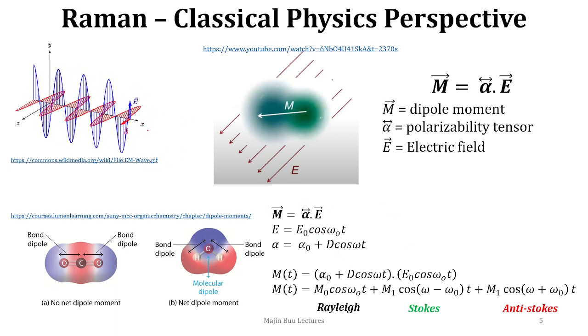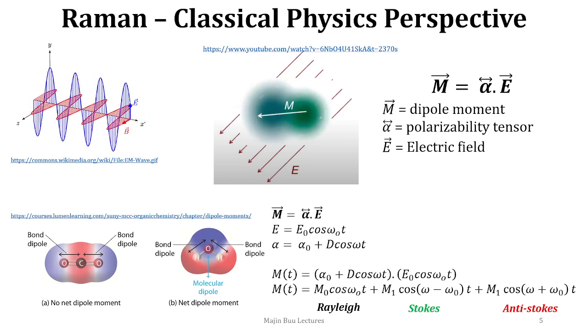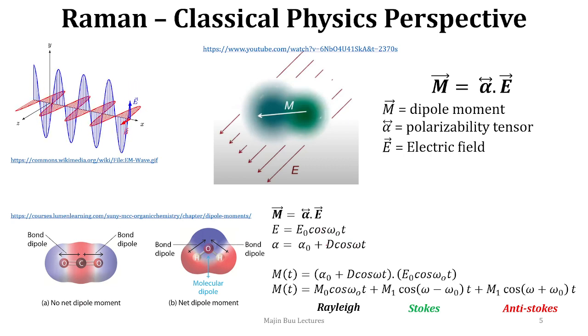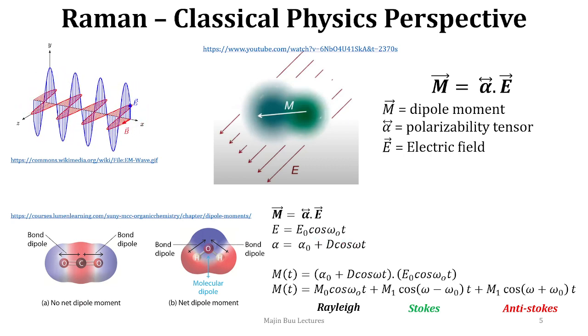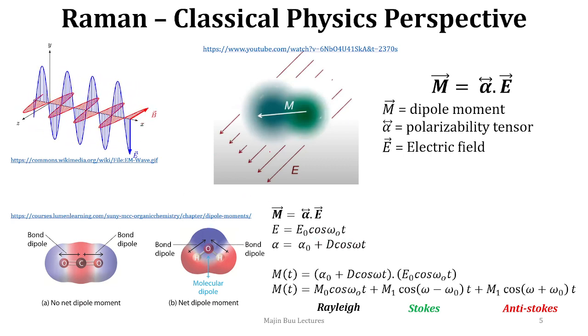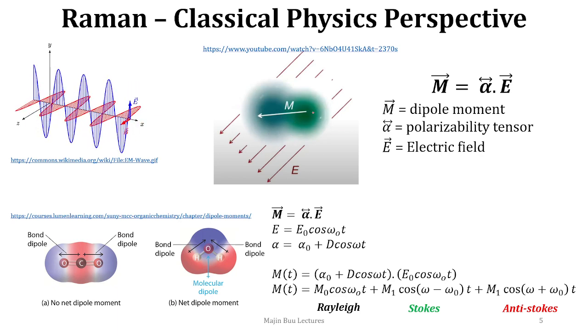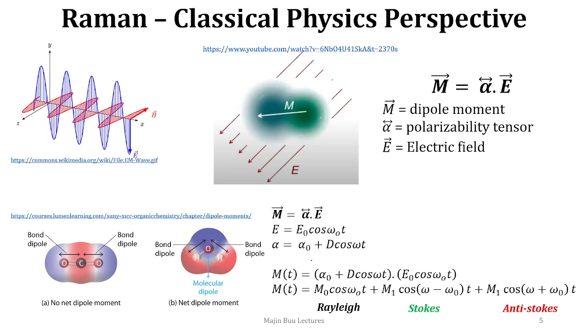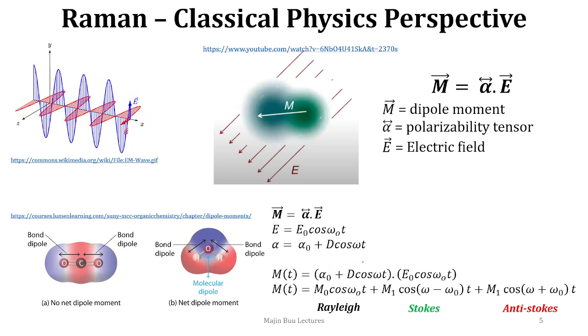Now, this electromagnetic field is essentially a periodic function which can most probably be represented by a cosine function. Similarly, the oscillations associated with the electron cloud can also behave like a cosine function and can be represented as follows.